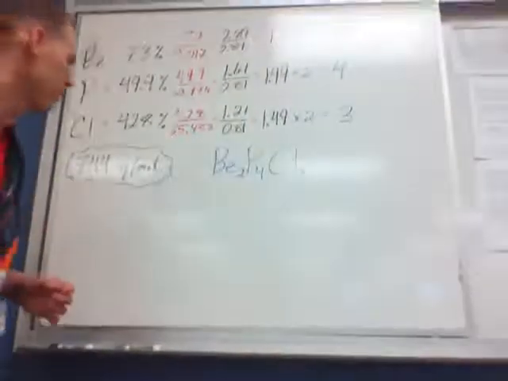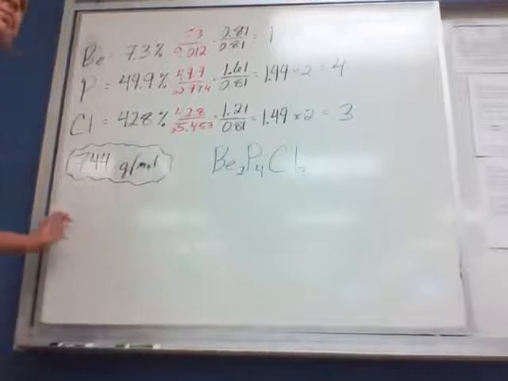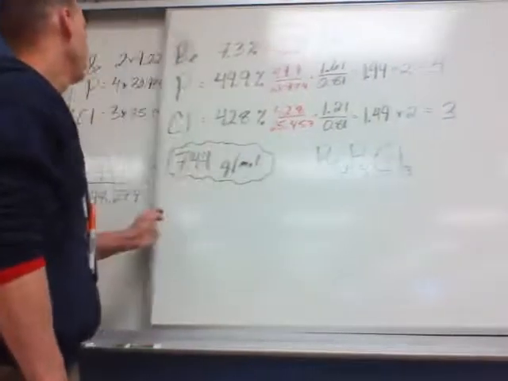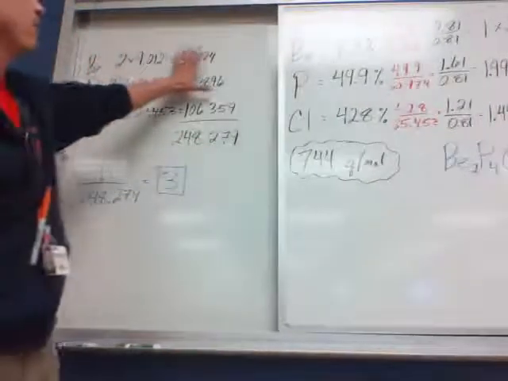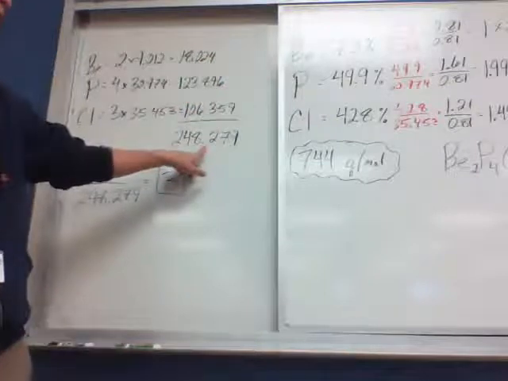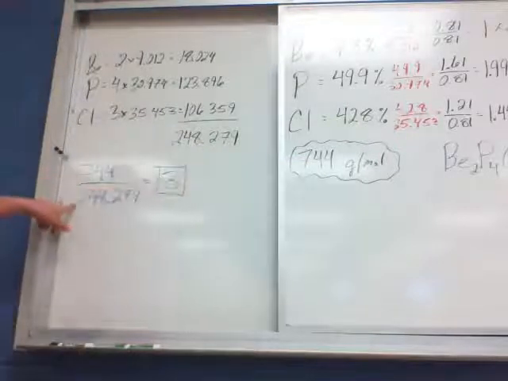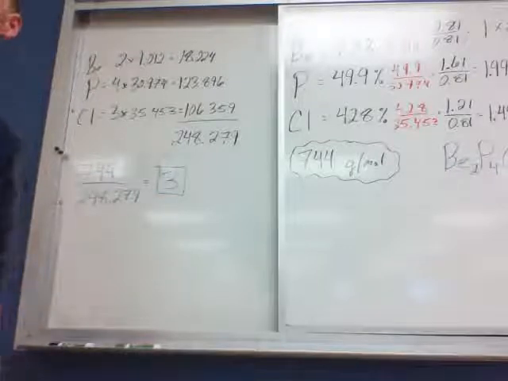If the problem had been asking me for an empirical formula, we'd be done. We pretended that we were being asked for molecular, though, in which case we needed to find the molar mass of the empirical, which was 248, divide the given molar mass of 744 by the calculated empirical mass, and it gave me an answer of 3.